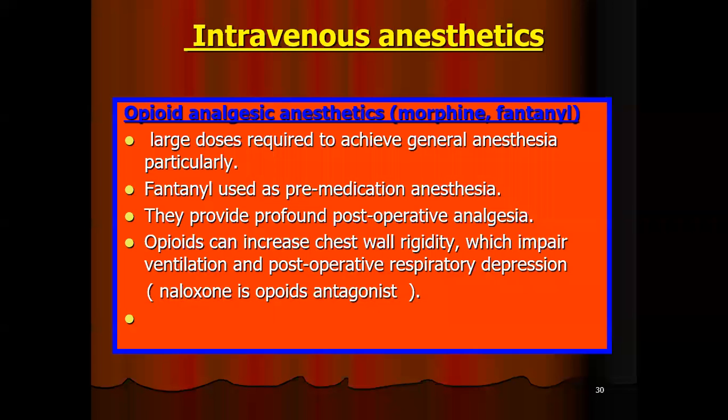They provide profound post-operative analgesia because they are central analgesic agents. Opioids can increase chest wall rigidity, which impairs ventilation, and post-operatively there may be respiratory depression. If the patient experiences post-operative respiratory depression, naloxone is a drug which is given to antagonize the opioid anesthetic agents.